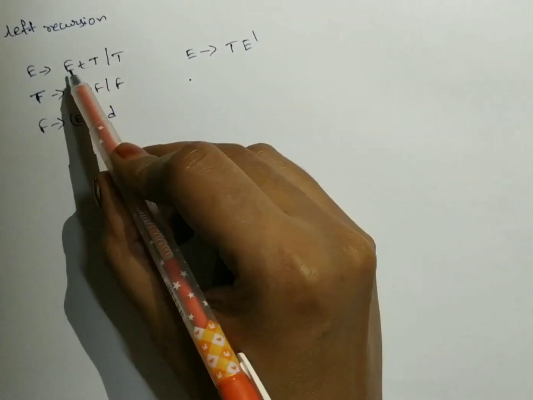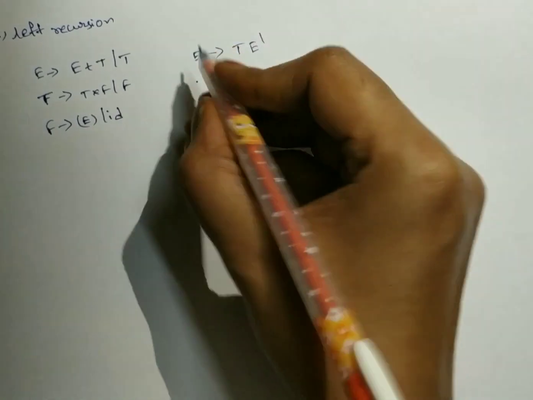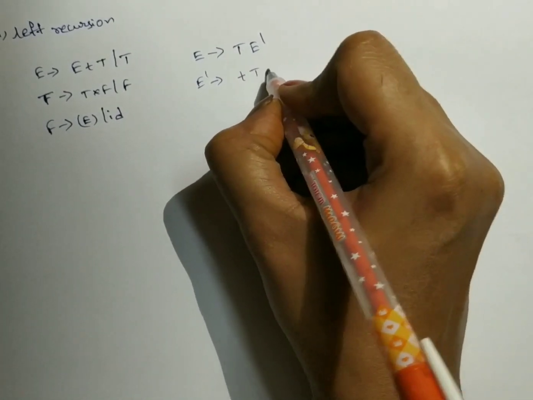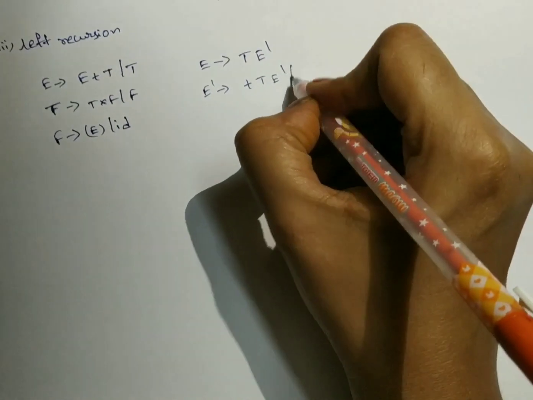I am considering this E plus as E dash. E dash represents plus T E dash, or epsilon.